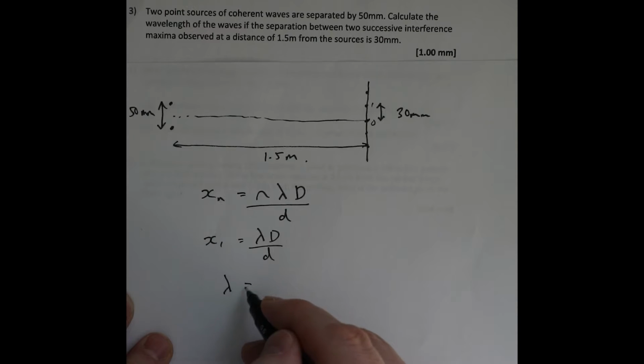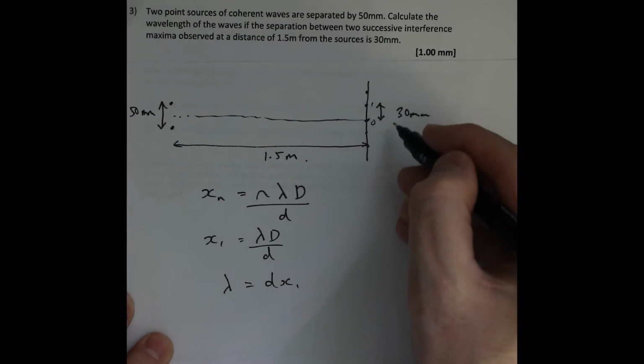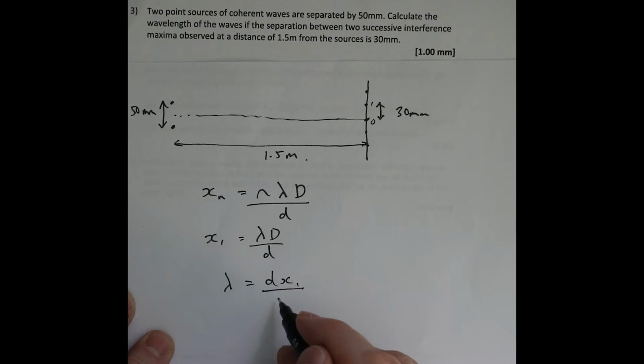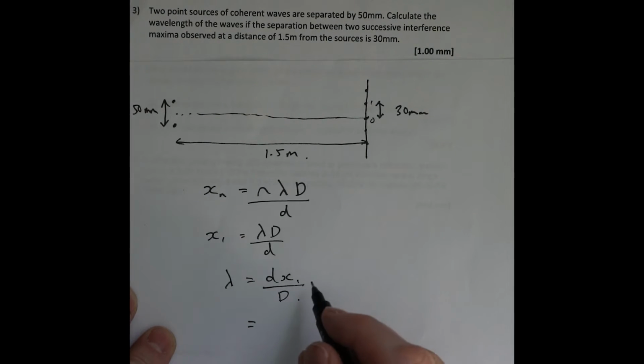So if we rearrange this, then lambda is equal to small d times x_1, and x_1 is this distance here, divided by large D. Okay, so I can actually put values into that equation.